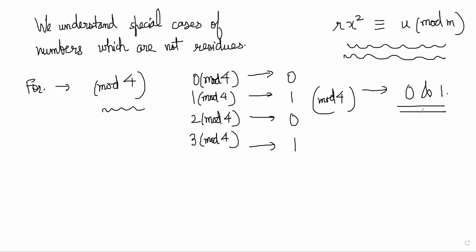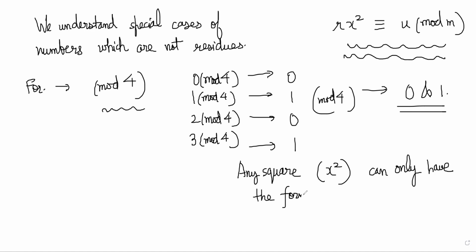Why is this fact important? This means that any square, basically x squared, can only have the form 4k or 4k+1, right?